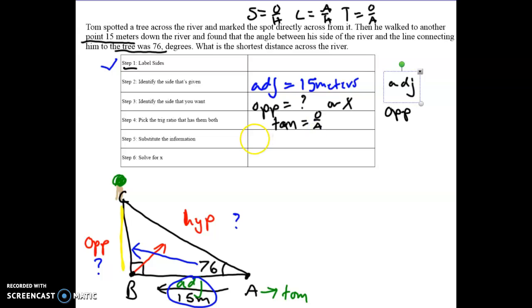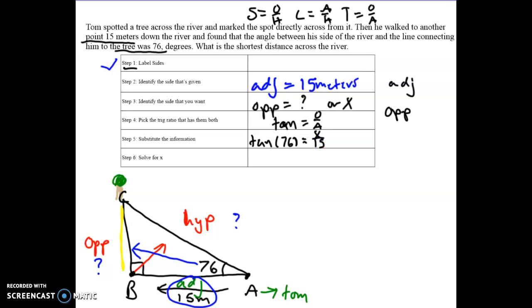Now it says substitute the information. I'm going to write in this box, but then I'm going to solve it out in the white space on the bottom right. Tangent of 76 degrees is equal to, my opposite side is unknown, so I'm going to place an X for my variable, and my adjacent side is 15.